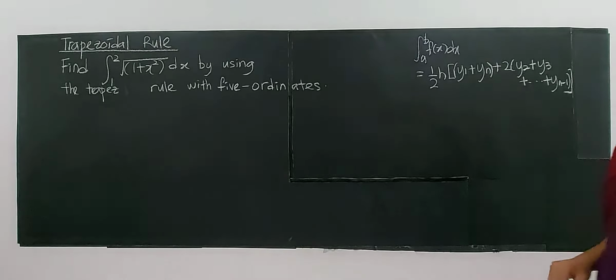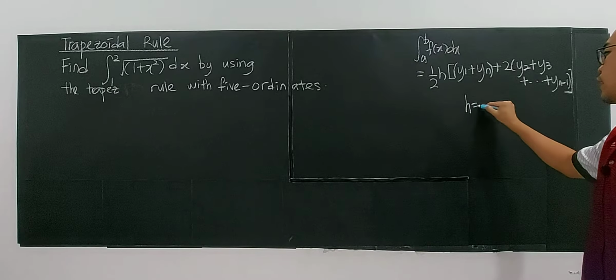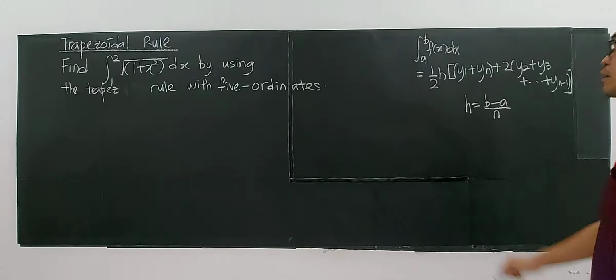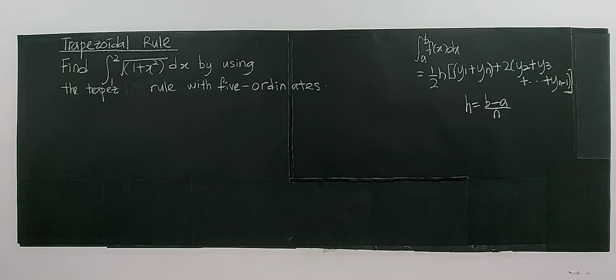And this is the formula for the trapezoidal rule, where h is defined to be (b minus a) over the number of subintervals required.